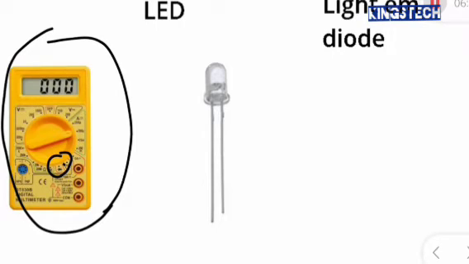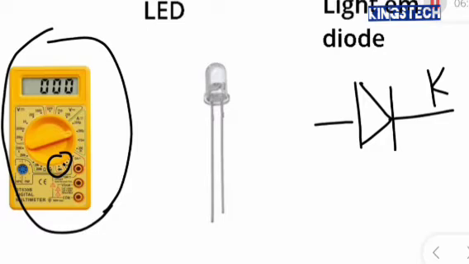First of all, this is the symbol of diode. So this is the cathode and this is the anode. If you look at the multimeter, you see this kind of symbol that I have indicated. So turn this knob to this place.